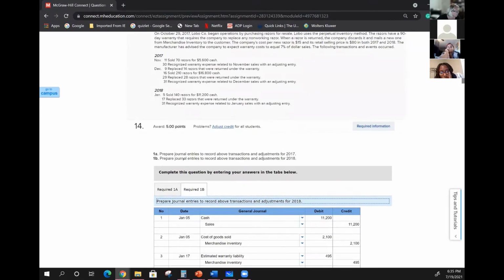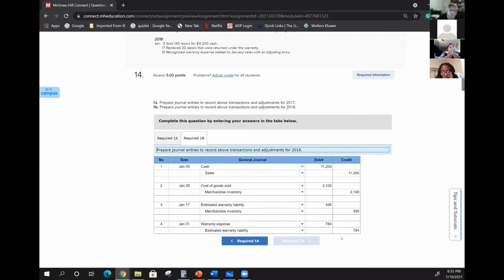Okay, so for B, prepare journal entries to record 2018. Go through the same steps. January 5th, sold 140 razors for $11.20. Setting up our sale. Our cost of goods, we're using the same numbers. So we take 140 and multiply that by the $15 to come up with our cost. Credit the inventory.